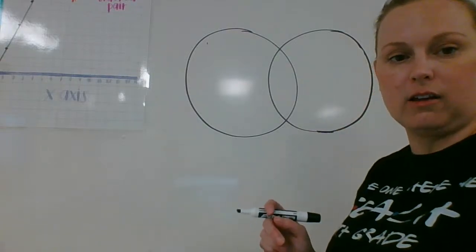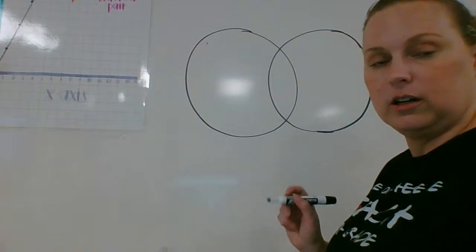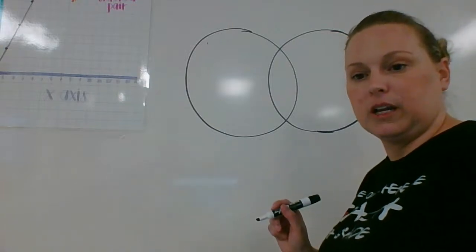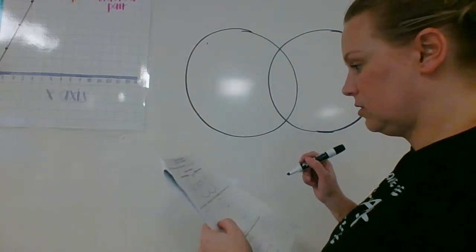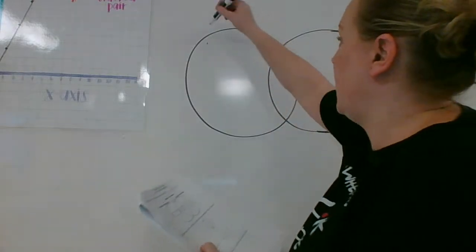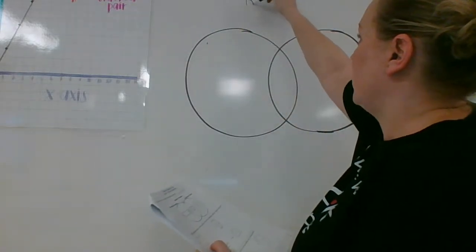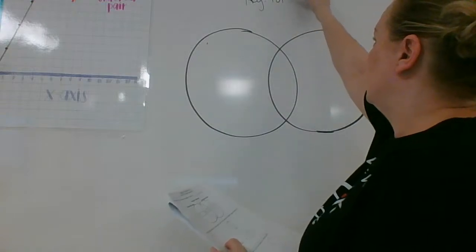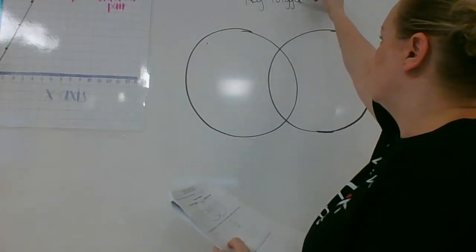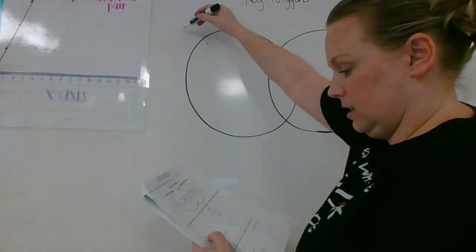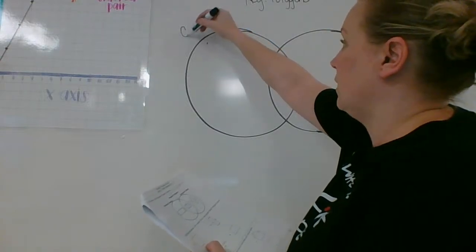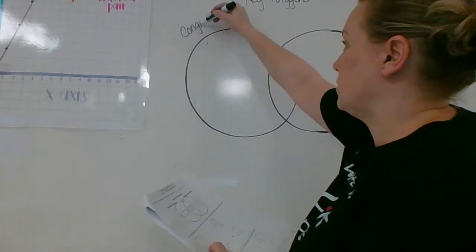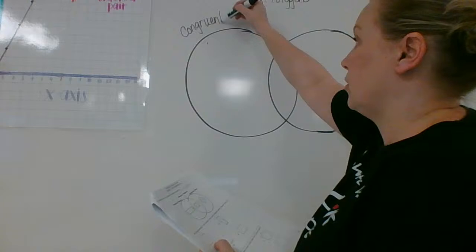So if a triangle is regular, all three sides are going to be congruent. So we have regular polygons where all of the sides are congruent. And in this circle, we have the regular polygons with congruent angles, which means all of the angles are congruent.